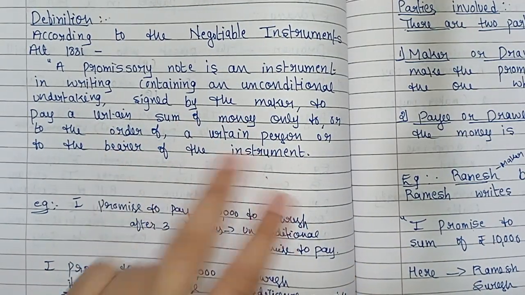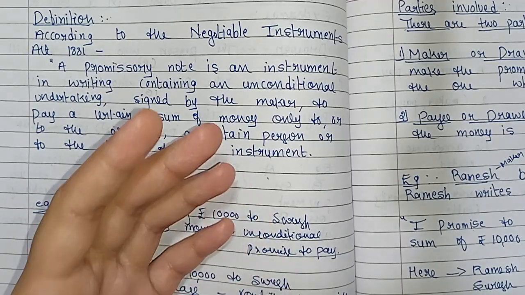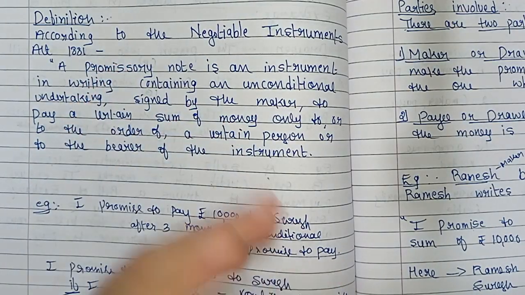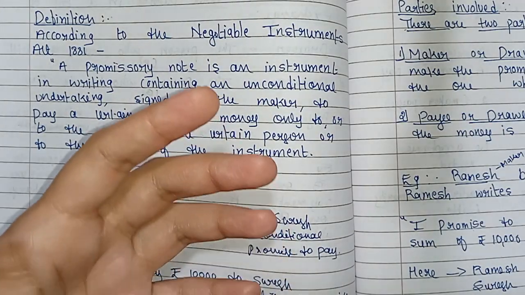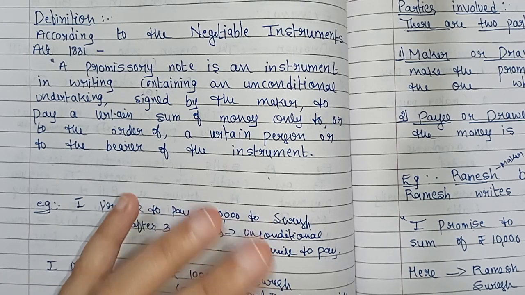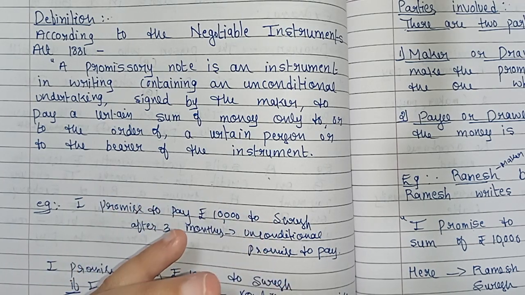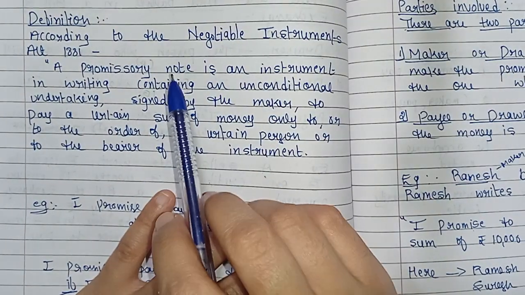Clear? Or to the bearer of the instrument. Bearer of the instrument means the payment should be made to anyone who presents the instrument, that is, the person who is holding the promissory note. For that person, the drawer or the maker has to pay the amount. That's it. Clear?